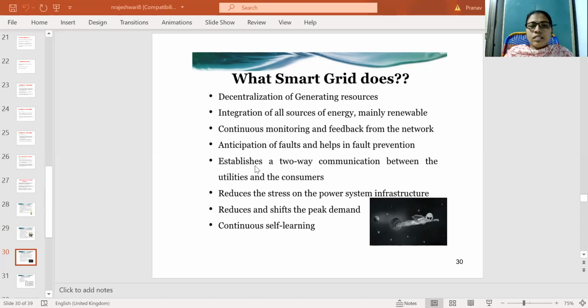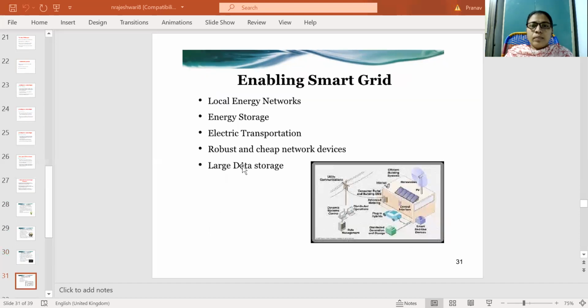It establishes two-way communication between the utilities and the consumers, and it reduces the stress on the power system infrastructure. It also reduces and shifts the peak demand, and enables continuous self-learning. These are the main factors the smart grid does.